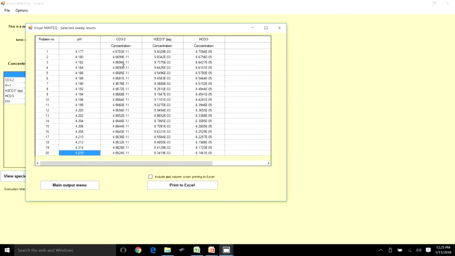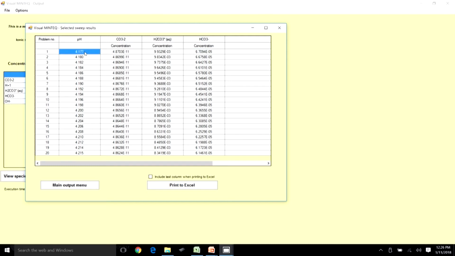Because I am adding a base, since H total is negative, you see an increase in pH with each problem step, and the relevant change in your concentrations. Here the base concentration was less, so we are going to change that to a higher concentration, but let us look at what we have here.